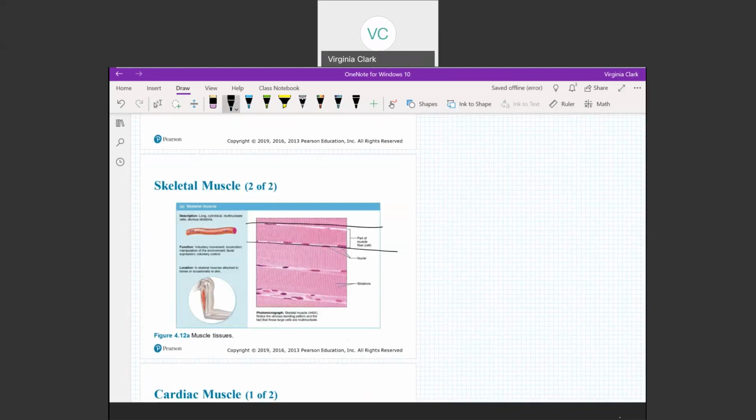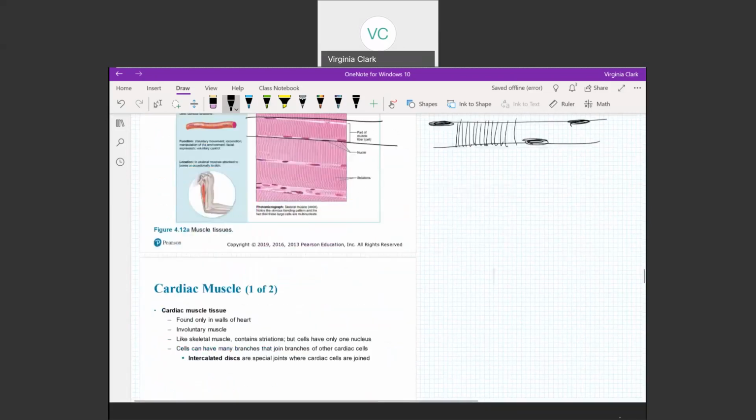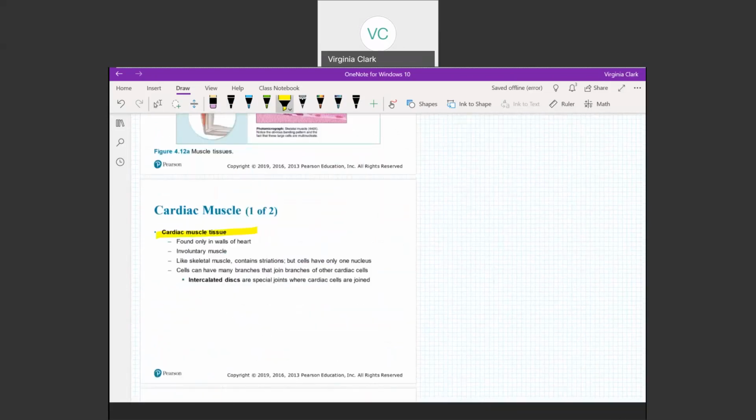Think of it kind of like a straw. You can see the striations down the muscle fiber, and all the nuclei have been pushed to the side. That is going to be our skeletal muscle. So voluntary, striated, and multinucleated are the important pieces. The second type is cardiac muscle.